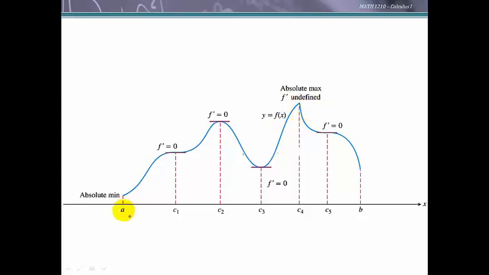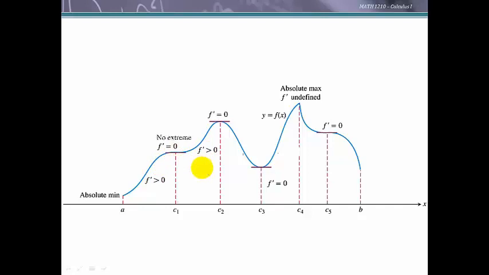Now let's look at what happens to the function from A to C1 and correlate that with the derivative. Well, the function is increasing here. The derivative is positive. So a derivative positive on this interval would tell us the function was increasing. The derivative here again is positive, and so as we look here, the derivative was positive, it was 0, it was positive again, it didn't change signs.